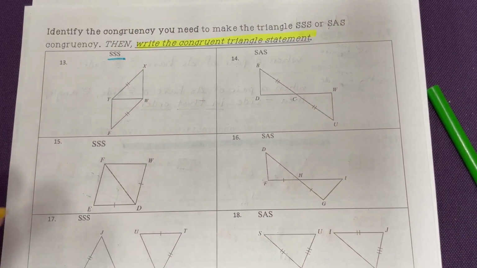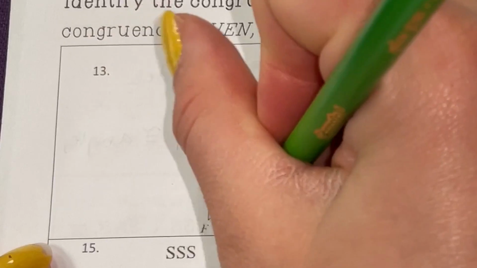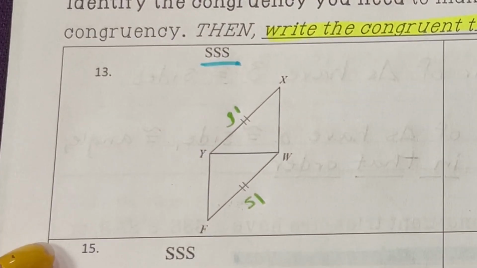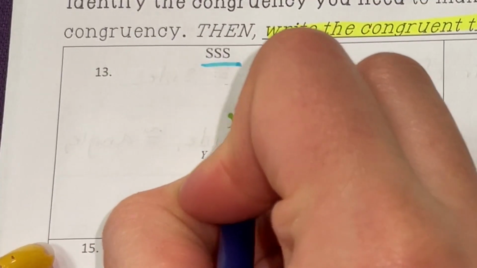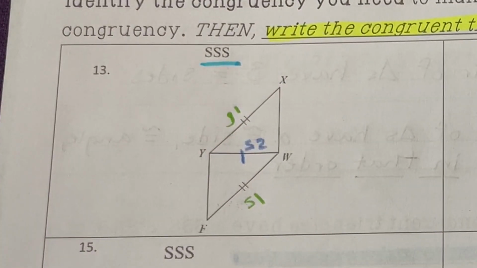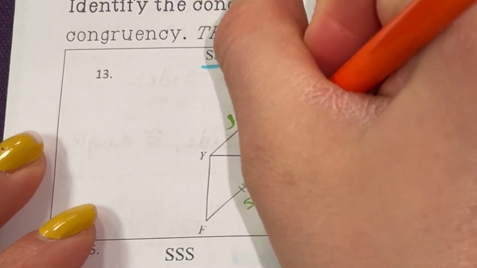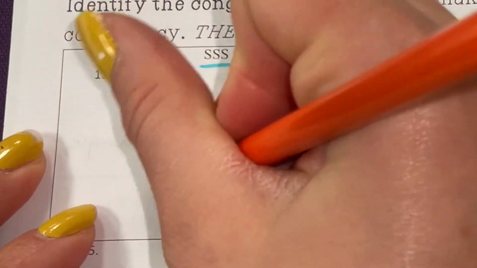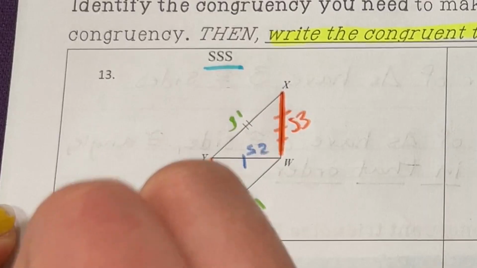Sure, I can definitely do that. So number 1, I have a side right here with these double tick marks. I also have this reflexive side. That's an automatic side 2, okay? So if I have these two sides, then I have to prove this last side. I have to say that this side and this side would be my side 3. And I'm going to give them some proper tick marks here.